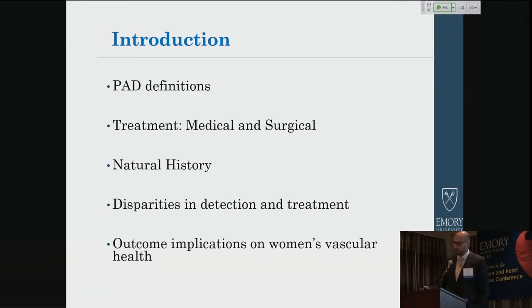That will be the focus of the initial several slides. And then we'll move towards a little bit of evaluation of the disparities in peripheral arterial disease management and treatment as it relates to identifying it in women, and how this has outcomes implications on women's vascular and cardiovascular health.